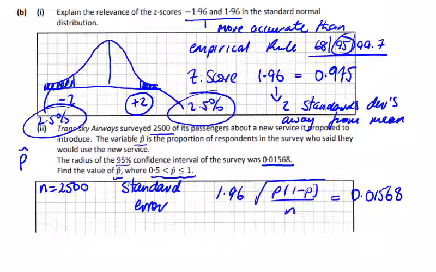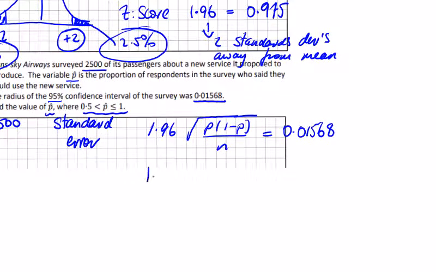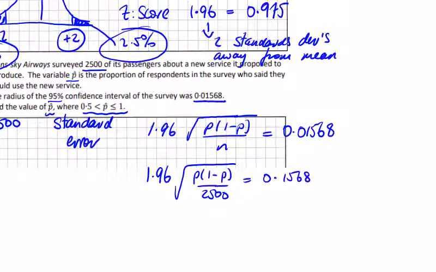0.01568. So if I fill my values in, 1.96, I've only one unknown here, P hat or P. 1.96 by the square root of P times 1 minus P over 2500 is equal to 0.01568.